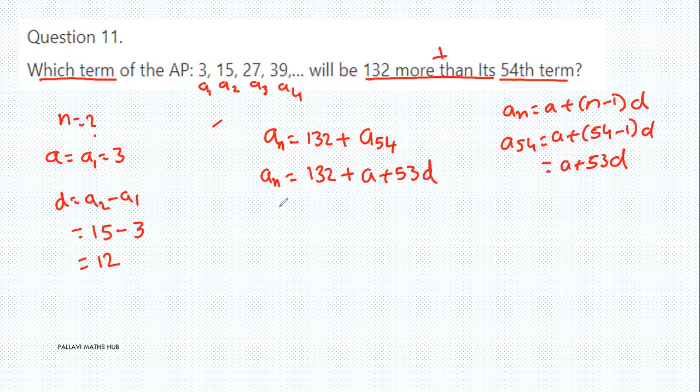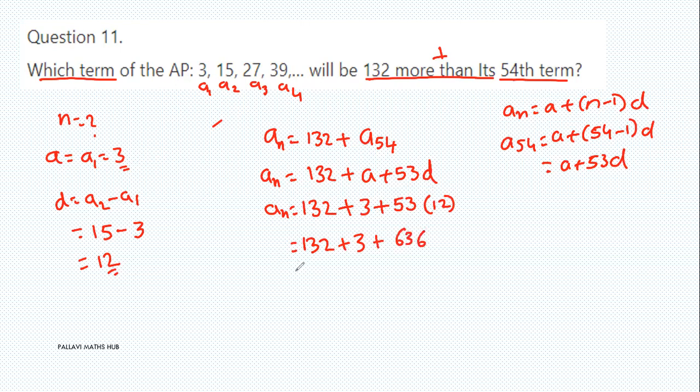So your An is equal to 132 plus the value of A, which is 3, plus 53 into the value of D, which is 12. So in the next step, 132 plus 3 plus 53 into 12. 53 into 12 is 636. When you add all this, you will get An is equal to 771.